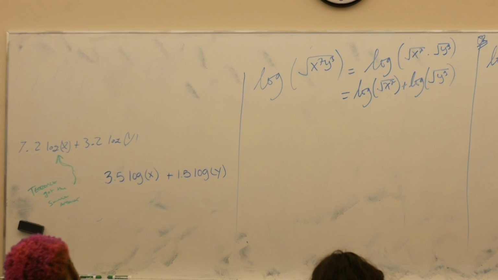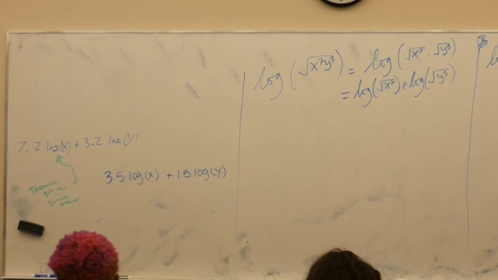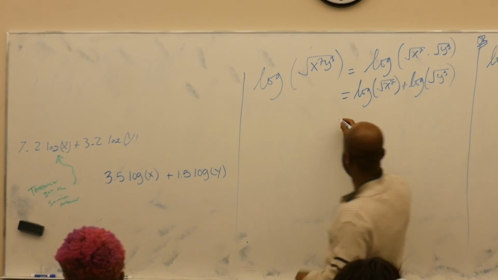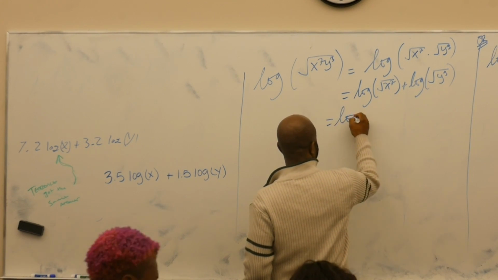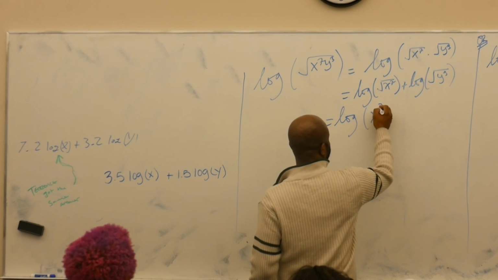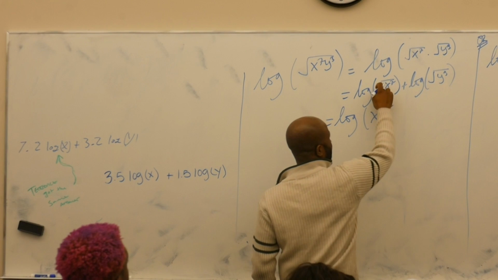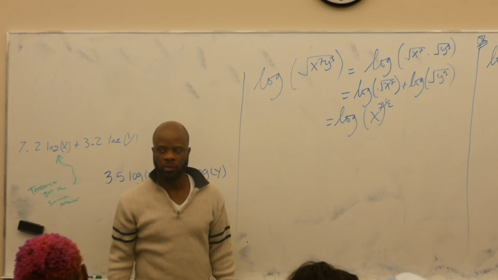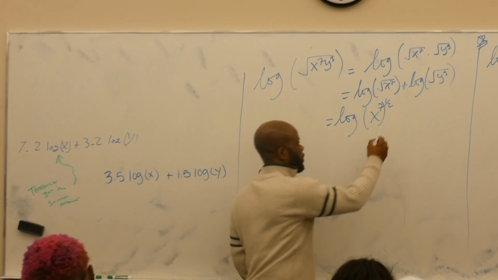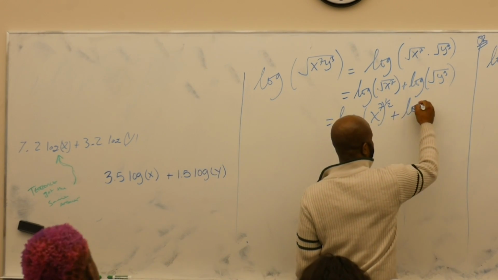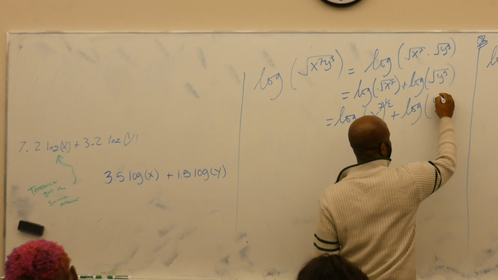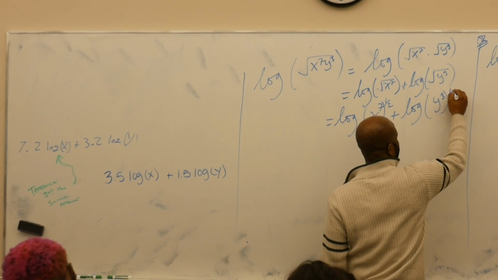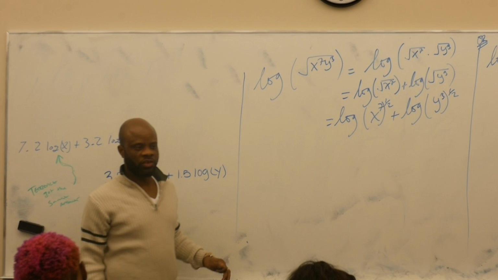Okay, or this way. We're going to finish the other way in the log. Now I get to write this as the log of x to the 7 to the 1/2, because that's the square root. All right, the square root is going away now. Plus the log of y cubed also to the 1/2, because we're sharing the square root.